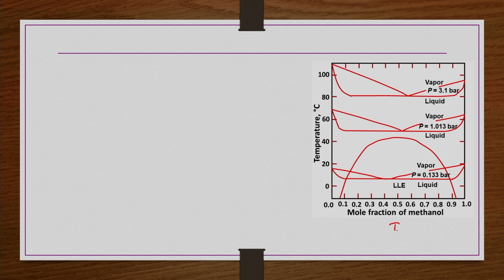So, now the same T-xy diagram for this methanol and n-hexane mixture is shown here at different pressures P1, P2, P3. This I am calling P1, this I am calling P2, this I am calling P3.